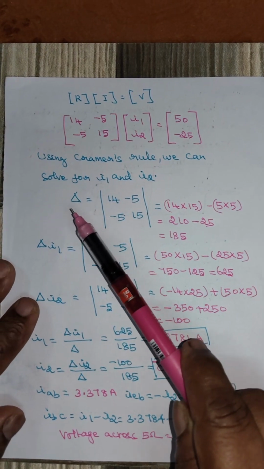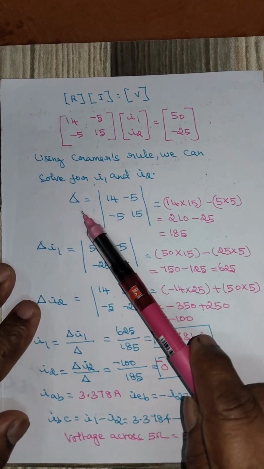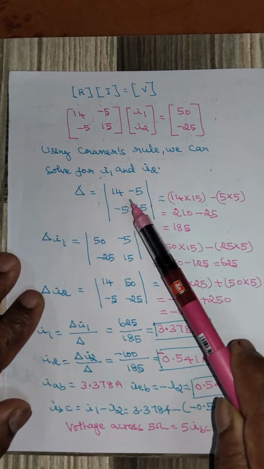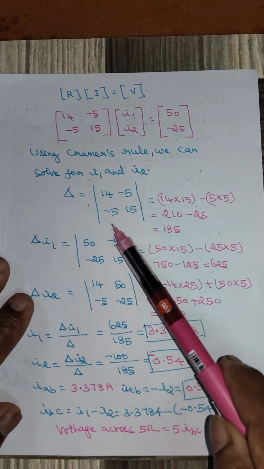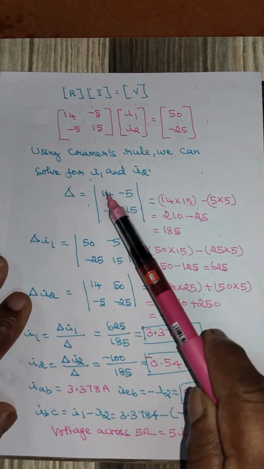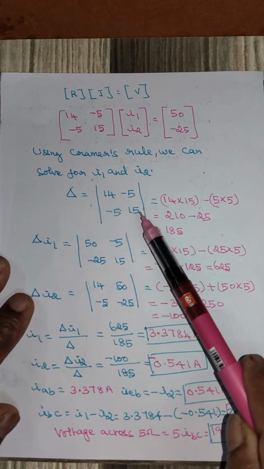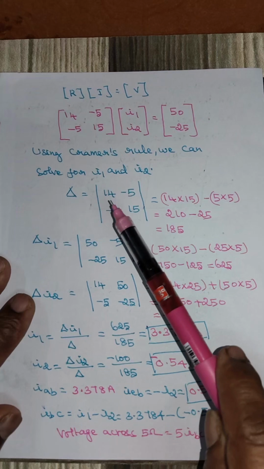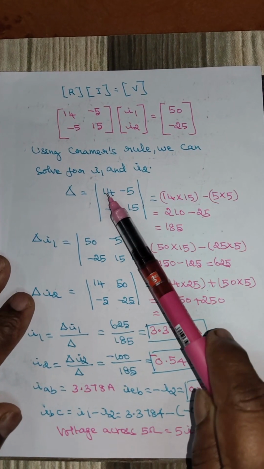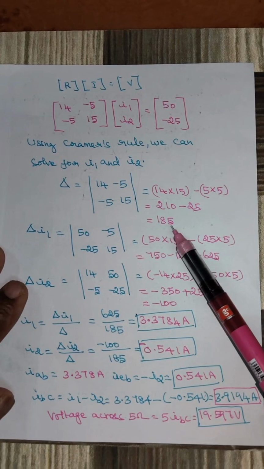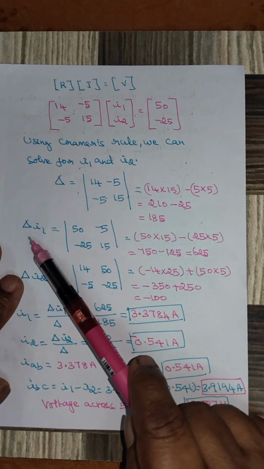So first find the value of delta, that is the determinant of the matrix. The determinant for a 2 by 2 matrix [14, minus 5; minus 5, 15] is calculated by cross multiplying: 14 into 15 minus 5 into 5. So the value is 185. Then we have to find del I1.